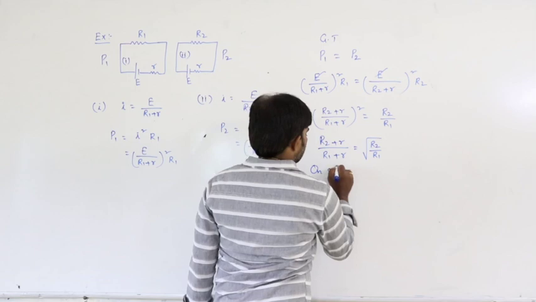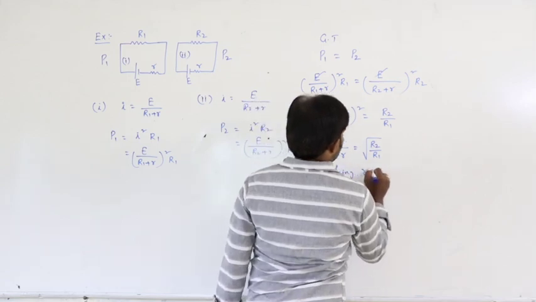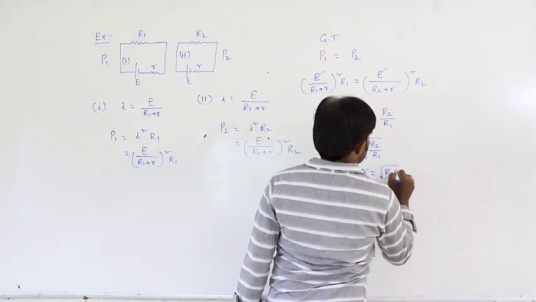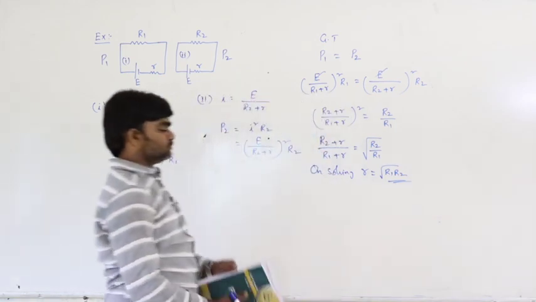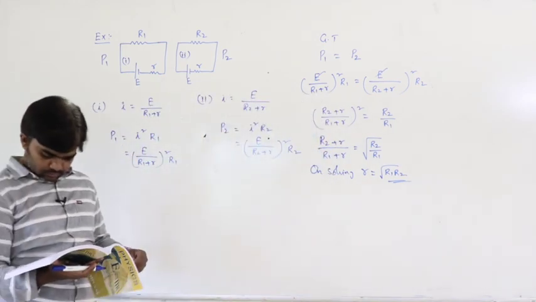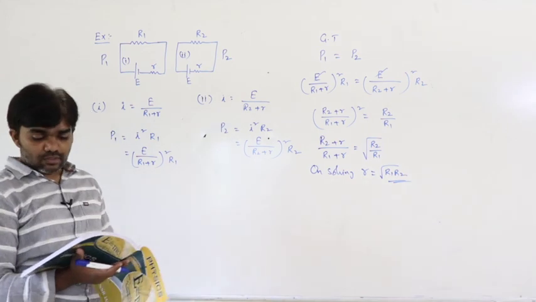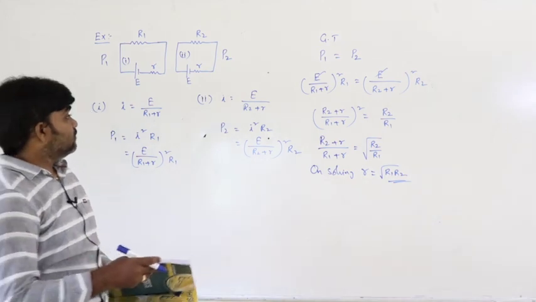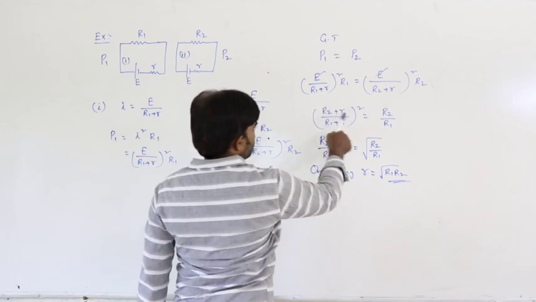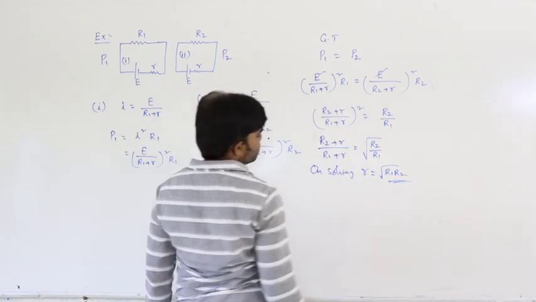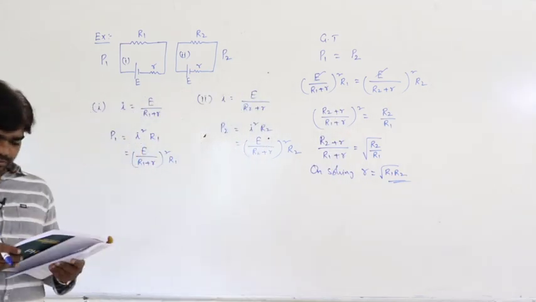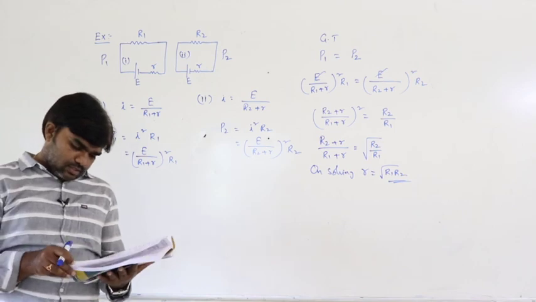So simply like this, on solving we can get R is equal to under root R1 R2. Given that P1 equals P2 here, on solving this we get R is equal to under root R1 R2.